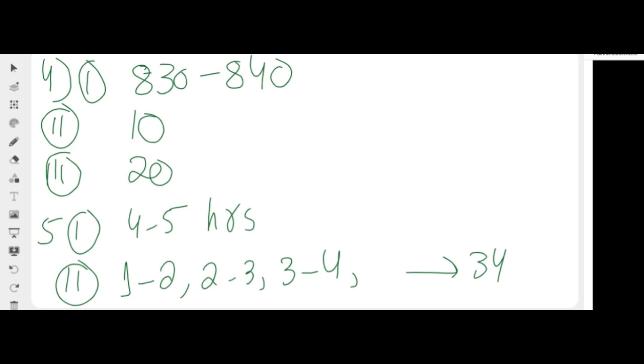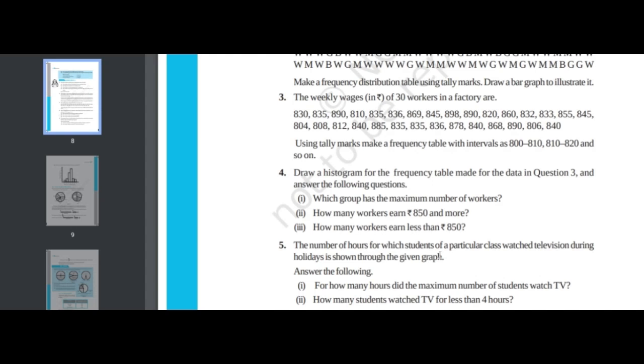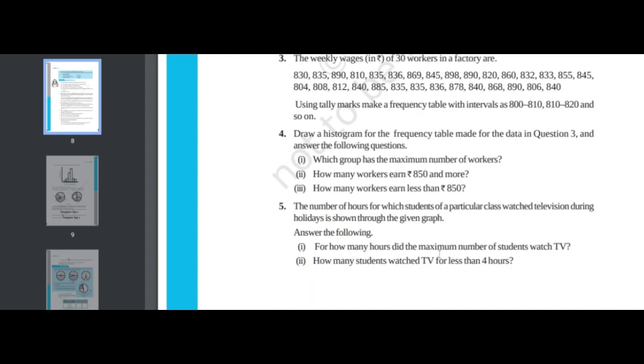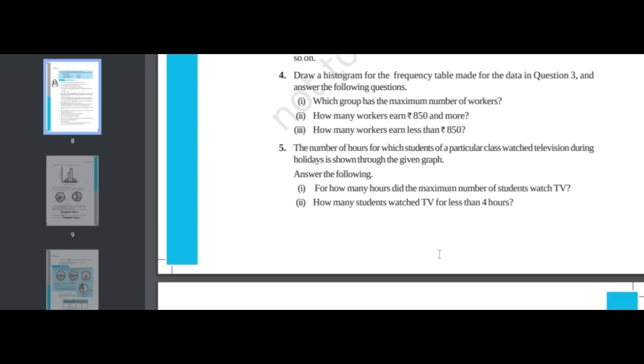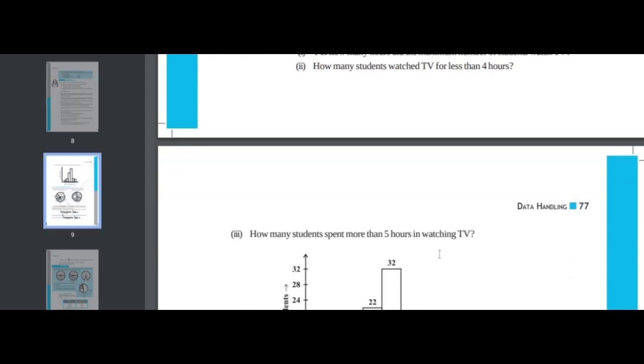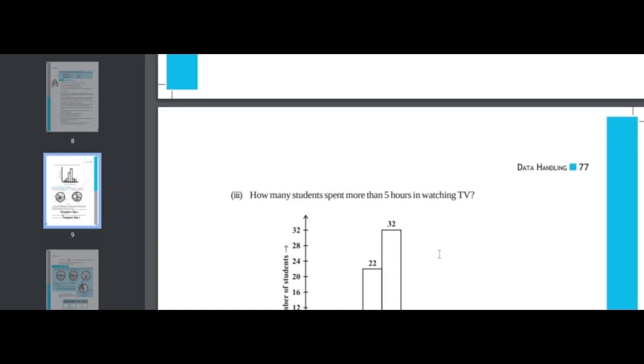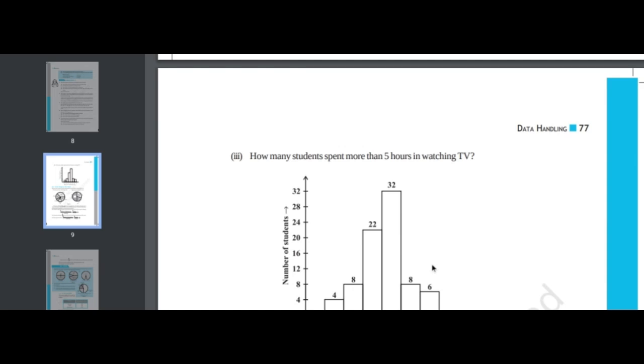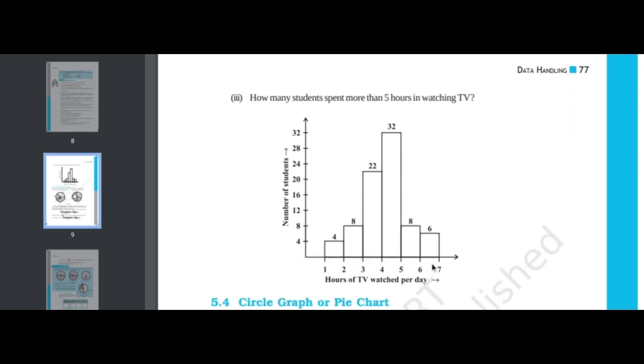Now the next part, looking at this graph, for how many hours did the maximum number of students watch TV? 4 to 5 hours. The number of students there is 32. 32 is the maximum and the maximum interval is 4 to 5.